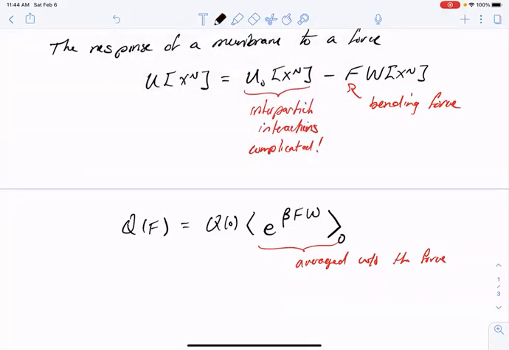So again, even though this is not a harmonic oscillator, even though it's not a system whose density fluctuations we're interested in, this is a membrane whose bending we want to understand.